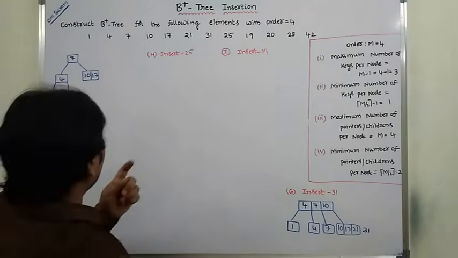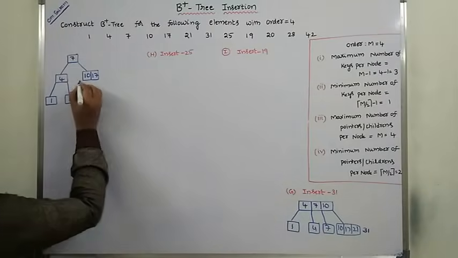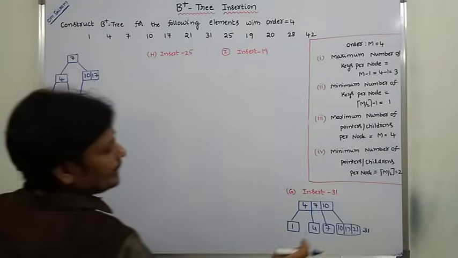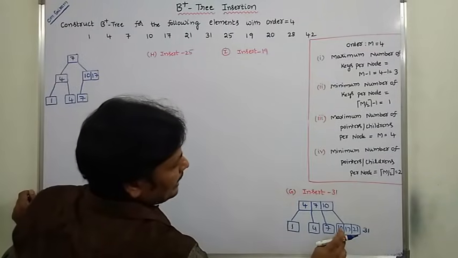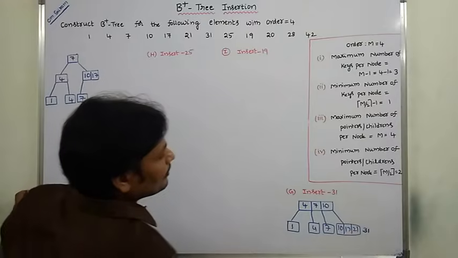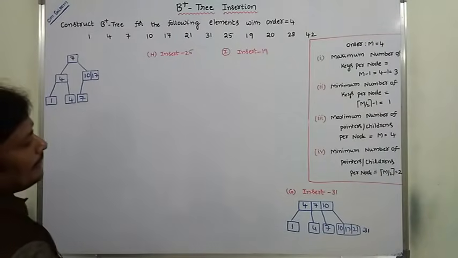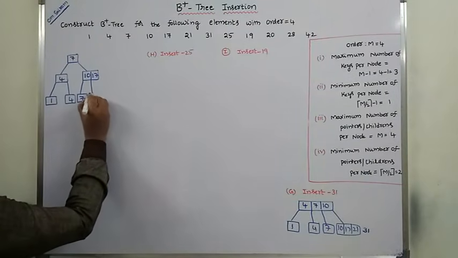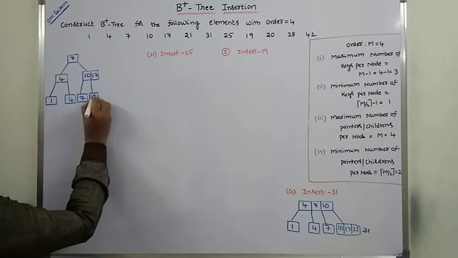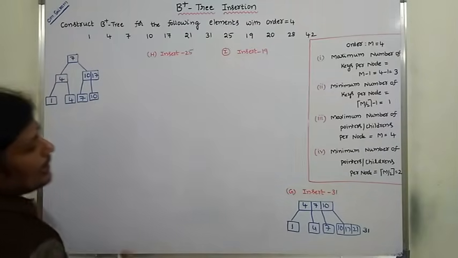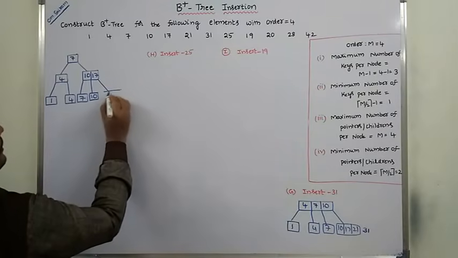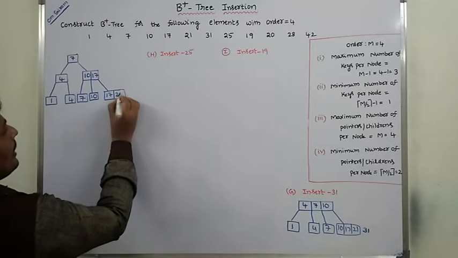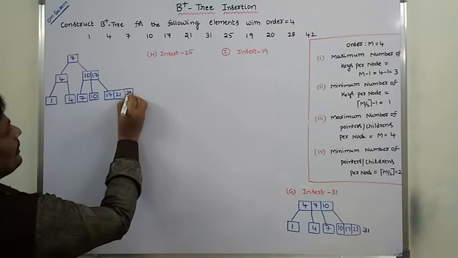Next 10's left child is 7, and 10's right child is also 10. 17's right child is 17, 21 and 31.